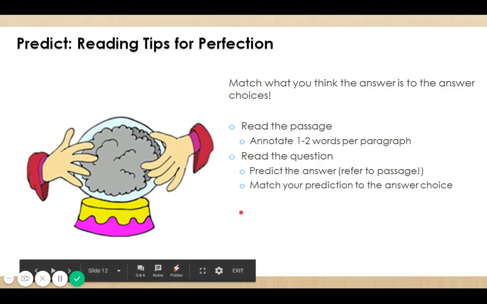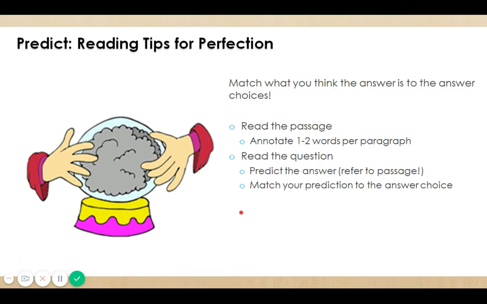All right, halfway done. The next strategy is predict for reading, the next P. So predict, let me show you what I mean by that. So you're going to match what you think the answer is to the answer choices.